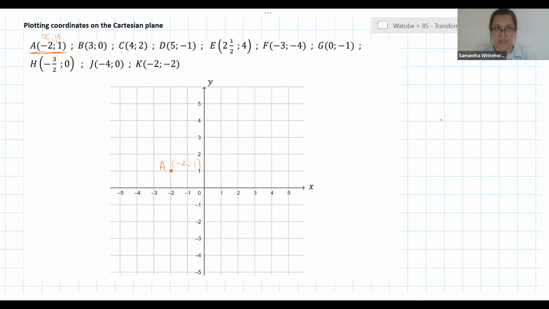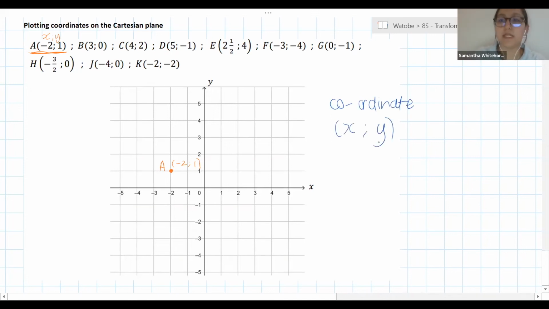Yes, ma'am. How do you know that -2 is on the Y axis or the X? Okay, good. So guys, how do I know which value is which? That's really important to be able to plot our points. Any coordinate is always X first and then Y, so just remember your alphabetical order.